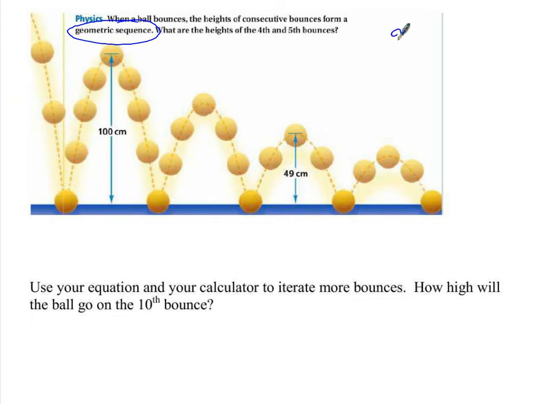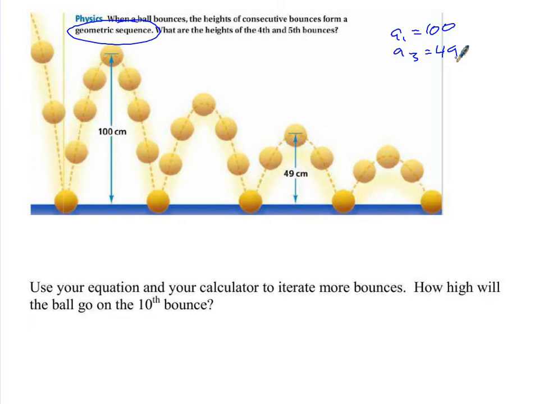We know that a sub 1 equals 100, and we know that a sub 3 equals 49. We need to actually generate the equation this time. In the last problem we didn't have to do that, so that's why using the geometric mean was fine. But this time we need the common ratio.